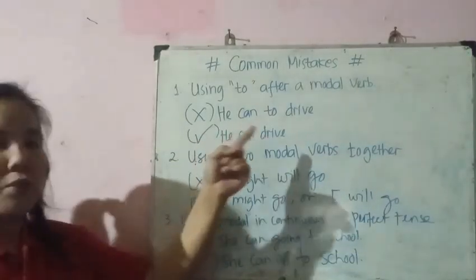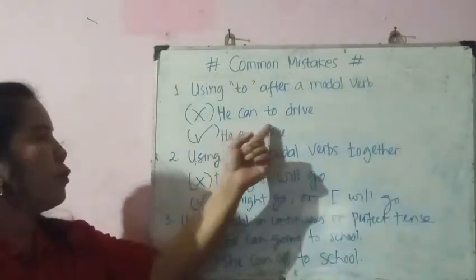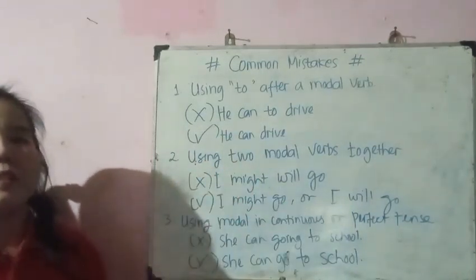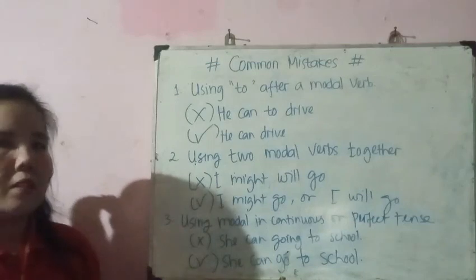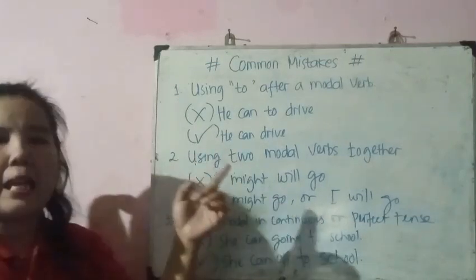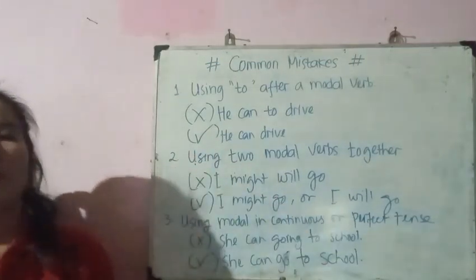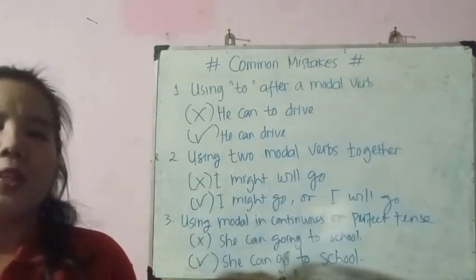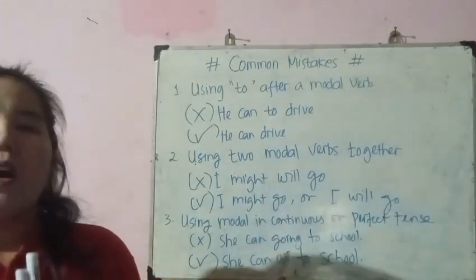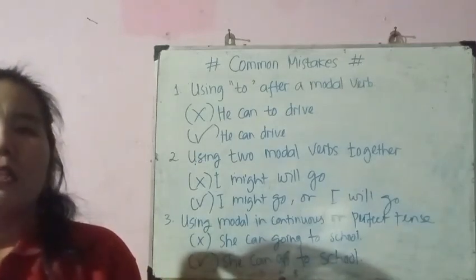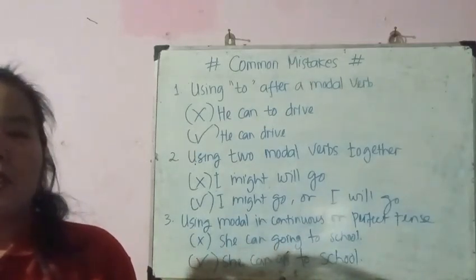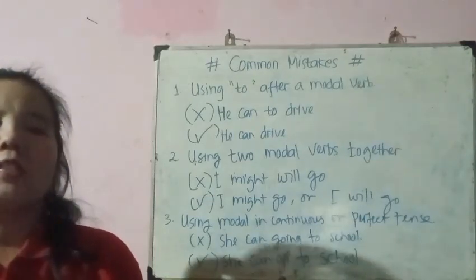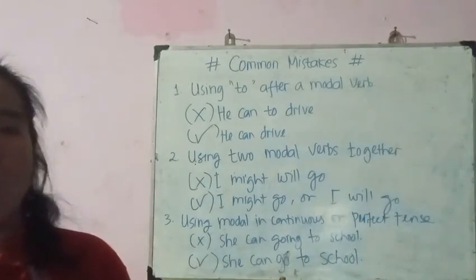"He can to drive." Okay, it is a wrong sentence. The correct sentence is "he can drive" without to. Remember, most modals are followed directly by the base verb, no to in the middle. For example, she might come later. We must finish this now.